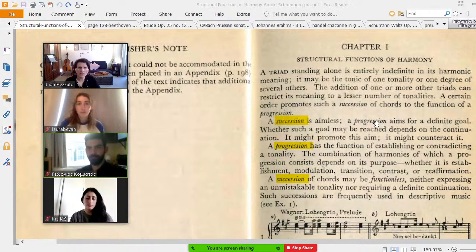So, chapter number one, Structural Functions of Harmony. "A triad standing alone is entirely indefinite in its harmonic meaning. It may be the tonic of one tonality or one degree of several others. The addition of one or more other triads can restrict its meaning to a lesser number of tonalities. A certain order promotes such a succession of chords to the function of a progression."